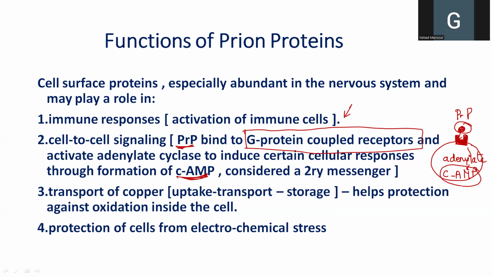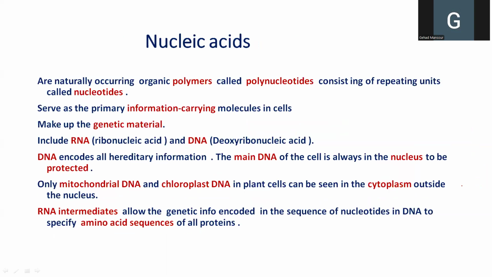When the cell is exposed to oxidants, like, for example, ultraviolet rays, the energy of ultraviolet rays is more than its capacity to get rid of the products of oxidation. These products of oxidation will accumulate in the cell, and this would result in diminished function of the cell. And the fourth is protection of the cell, as we've said before, from electrochemical stress.